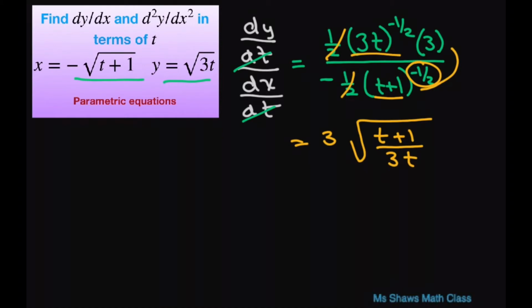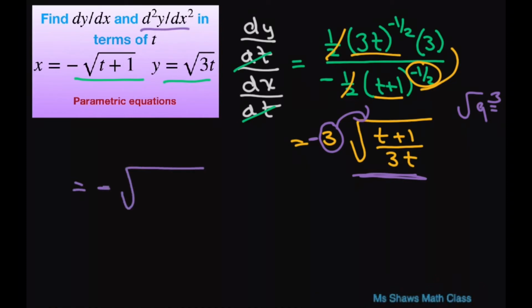We are going to have to differentiate again because we have to take the second derivative. So, we have a negative here. Since we do that, we're going to simplify this further using a little algebra trick. I know that the square root of 9 equals 3. So I'm going to bring this 3 inside and write this as negative square root of 9 times t plus 1 divided by 3t.